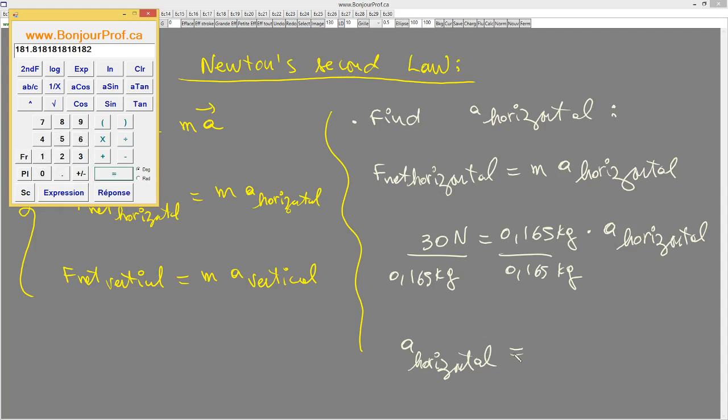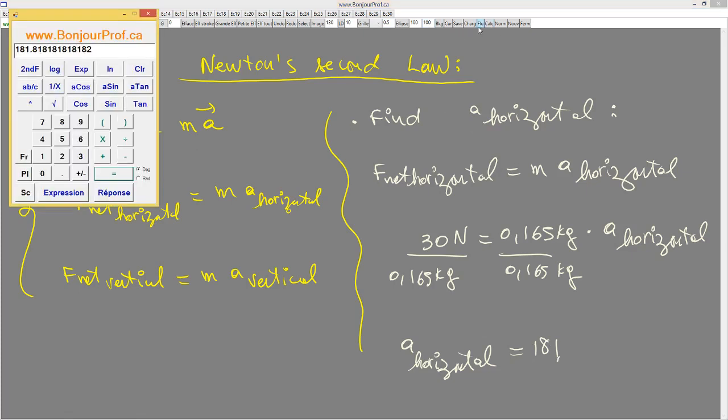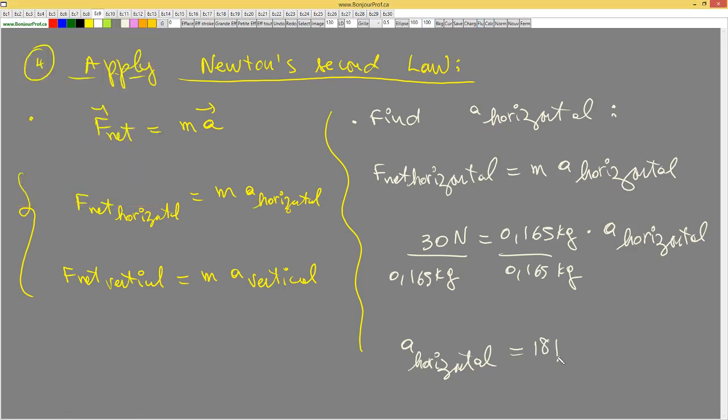It gives me 181.8 meters per second squared. For the significant digits, we're going to take 182 meters per second squared.